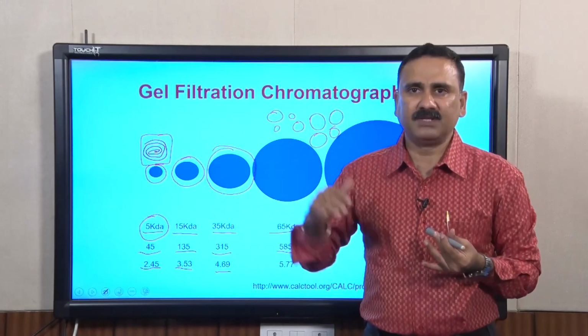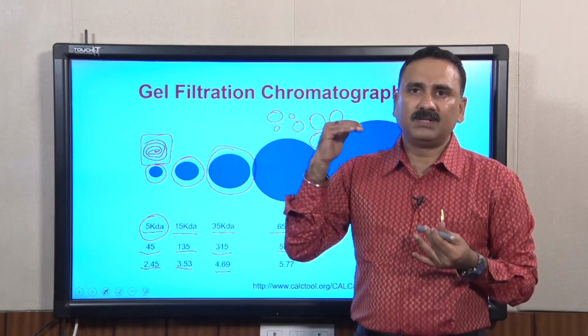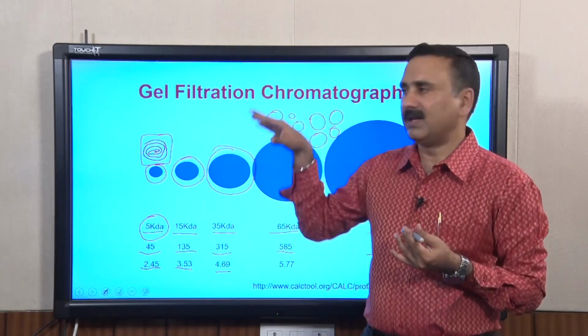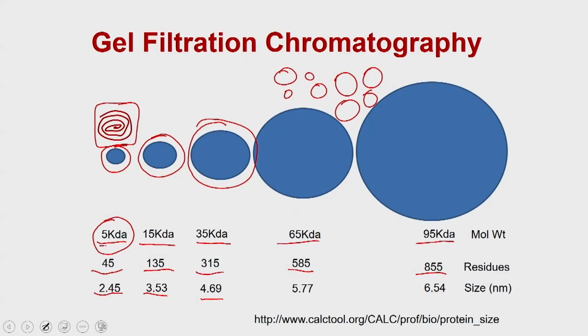In general terms, if you want to separate a protein of 5 kilodalton from one of 65 kilodalton, you can see that 65 kilodalton is of this diameter compared to the 5 kilodalton, which is of this diameter.